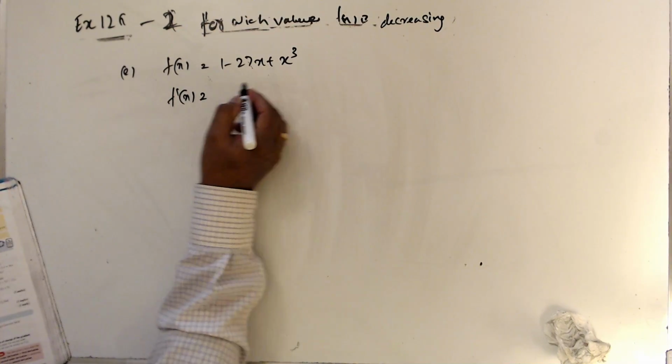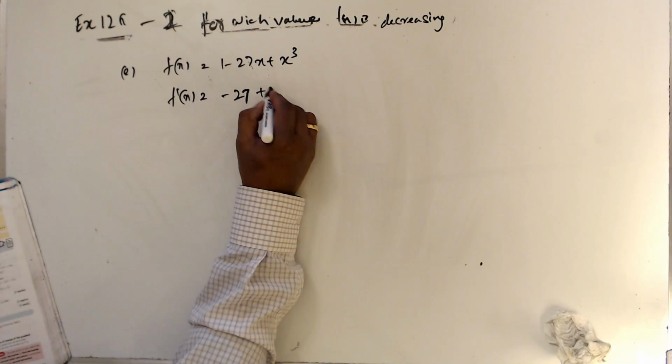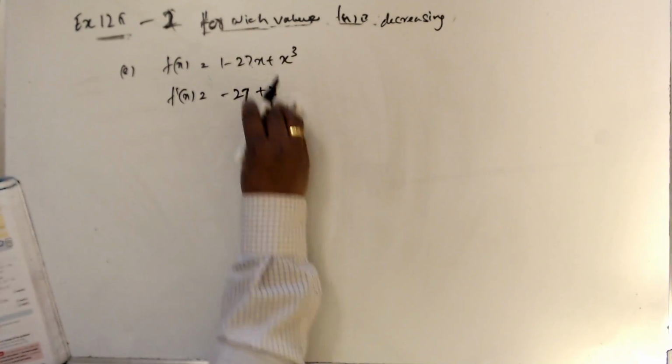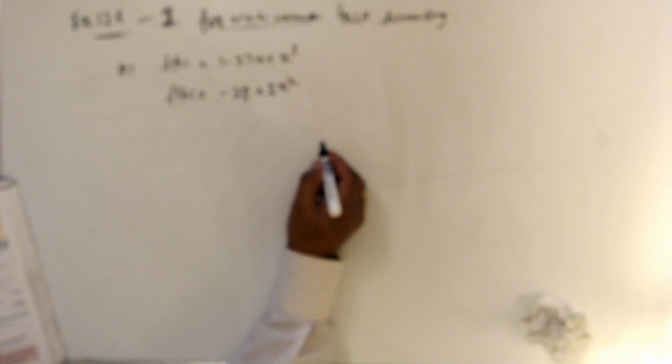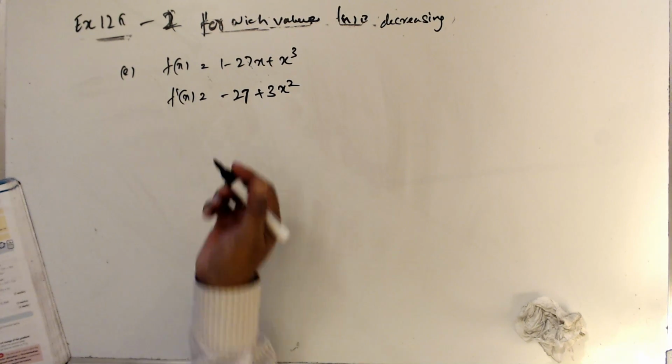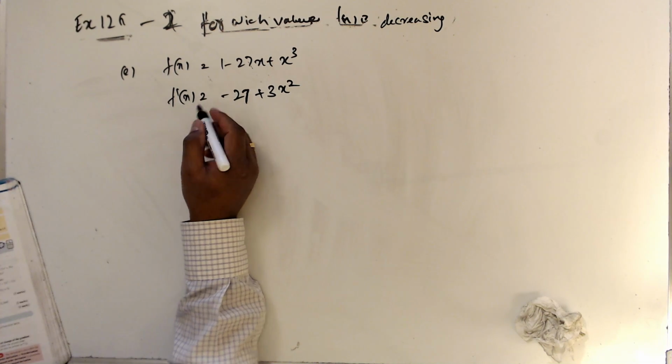F dash x equals minus 27 plus 3x squared. Let's do a research on this one.